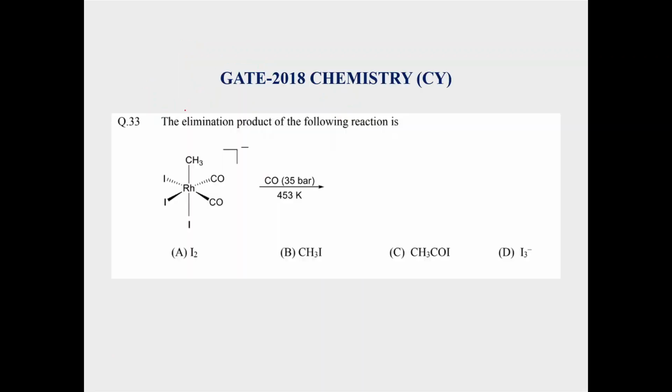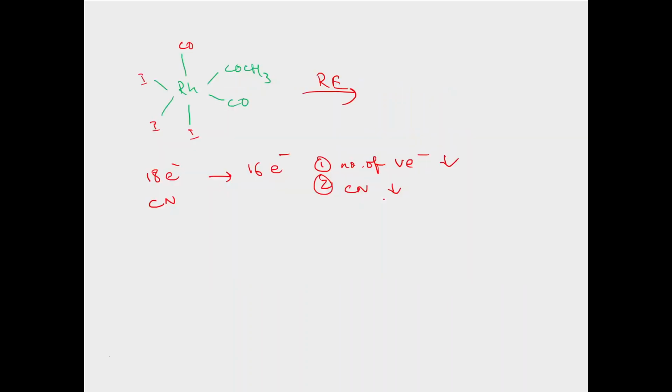Now coming to the question, the options given are option A, I2, option B is CH3I, option C is CH3COI, and option D is I3 minus. So two ligands will be coming out after reductive elimination.